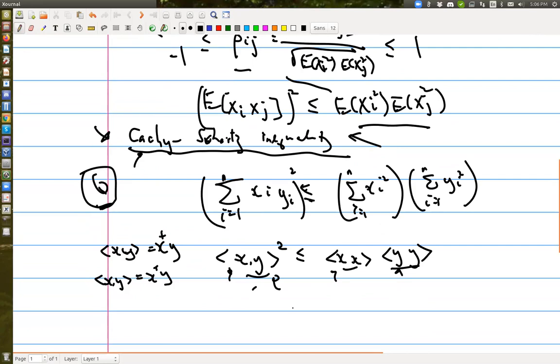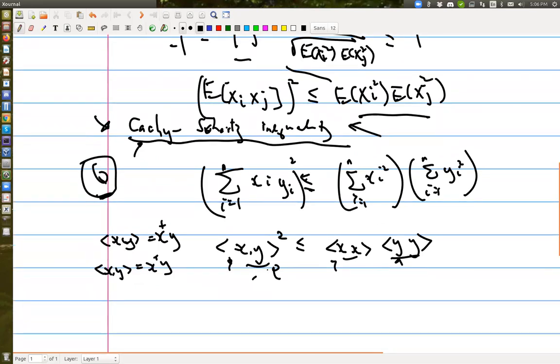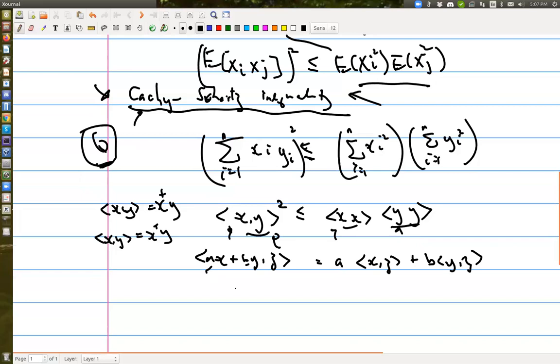Okay, two minutes to show that, just a sketch. By the properties of inner product, if you can define something as an inner product, it is linear. For example, the inner product of aX plus bY with Z equals a times the inner product of X and Z plus b times the inner product of Y and Z, where a and b are scalars. It also has a symmetry property, for example the inner product of X and Y equals that of Y and X. In general I would need to put a bar here, but let's ignore that and assume things are real.